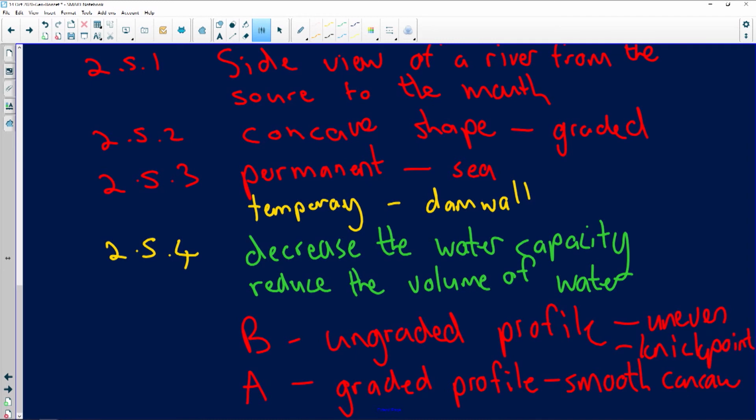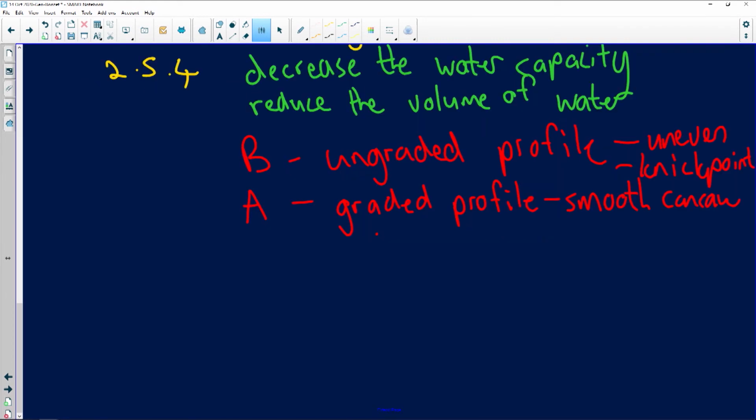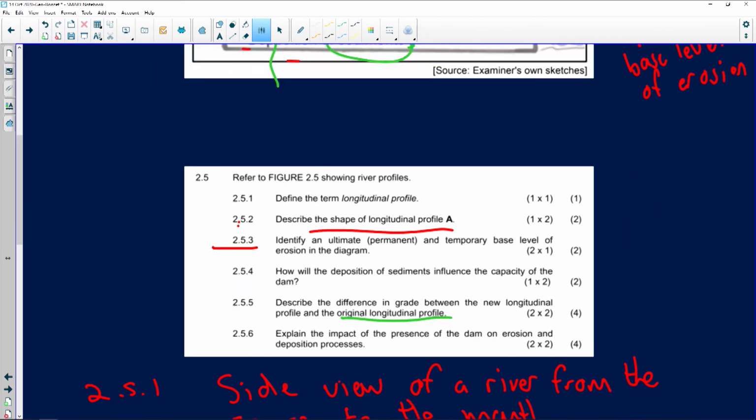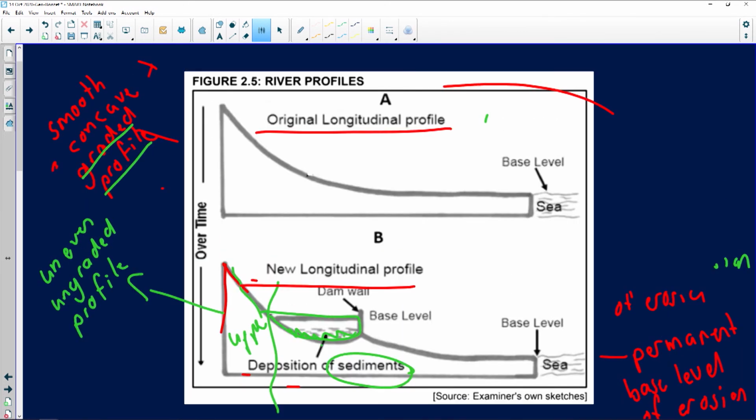Okay, so if we have a look at it, like I've mentioned to you, and very importantly, I want to add over there, the graded profile only has a permanent base level of erosion. Okay, going back to our image. As you can see, look at the graded profile. First of all, smooth, check.